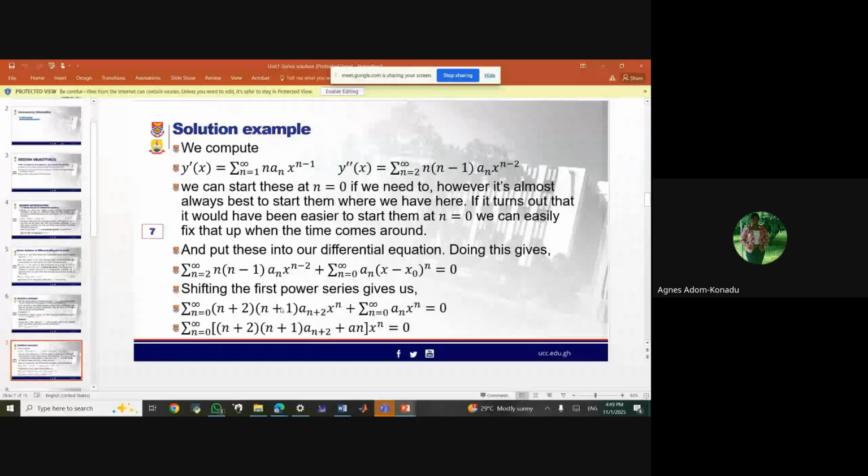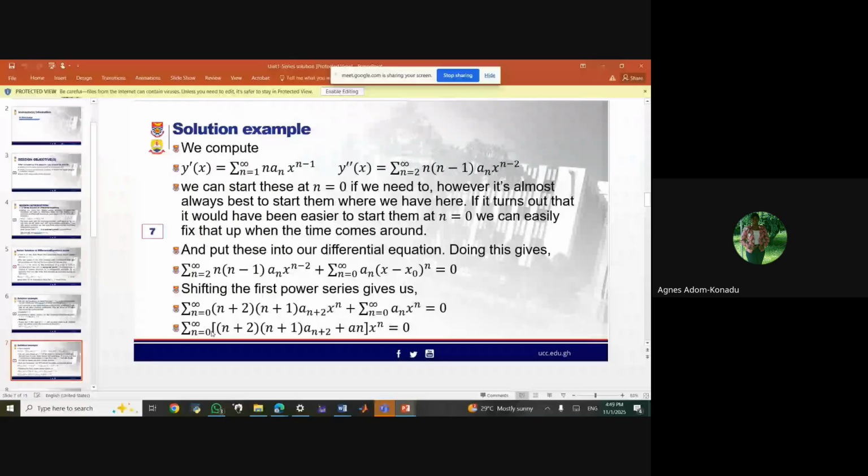So I have summing from n equal to 0 to infinity. It is common here, it is common here. I'll bring that one out. And this will be n plus 2, n plus 1, and then a sub n plus 2 for this side, and this side will be a sub n equal to 0.